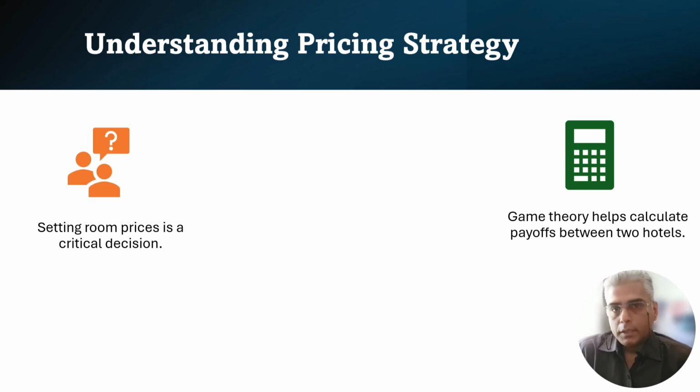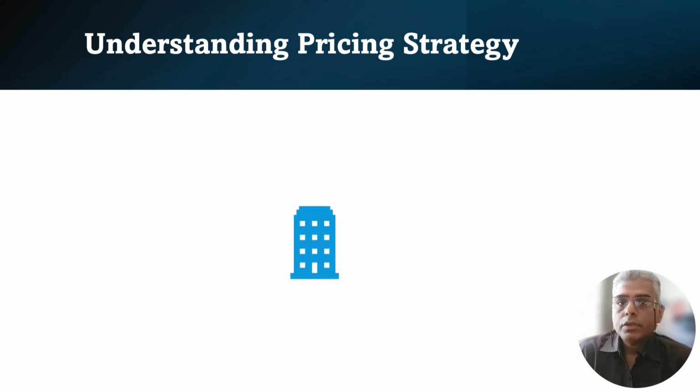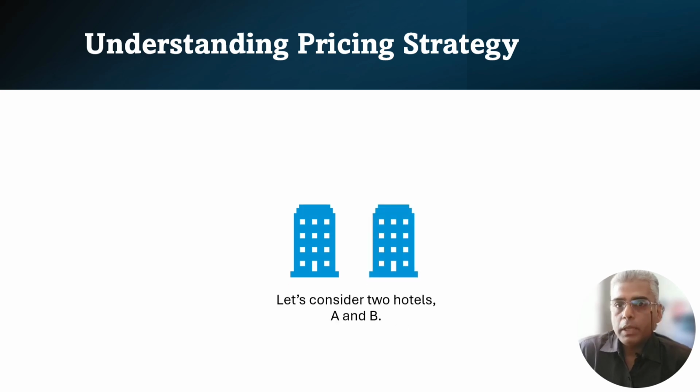So in this case, let's consider two hotels, A and B. This is to demonstrate how game theory can help achieve competitive pricing decisions. So we consider the hotels A and B and examine a comparative decision-making scenario on a per night basis.